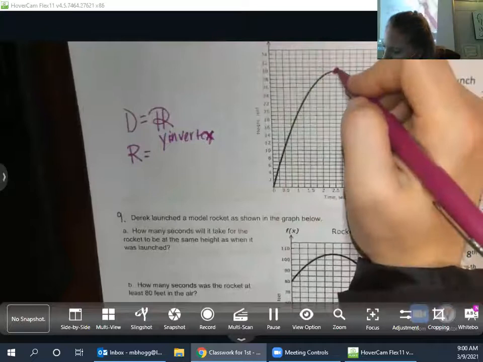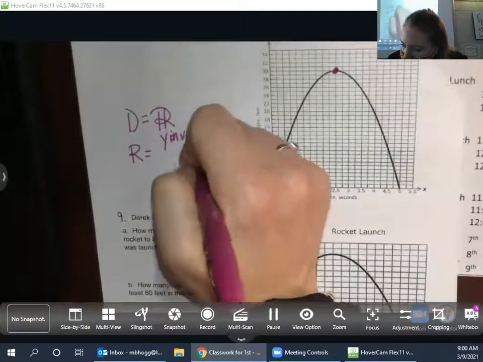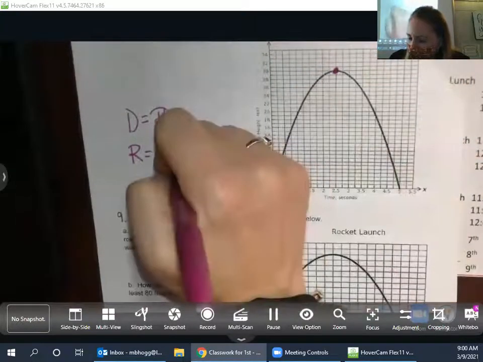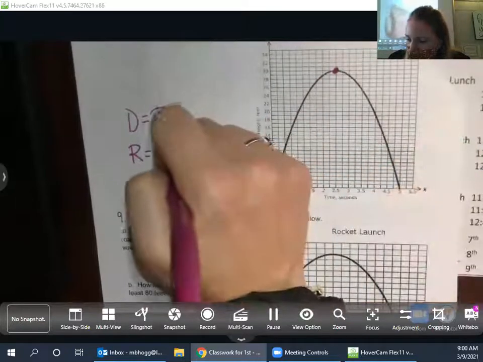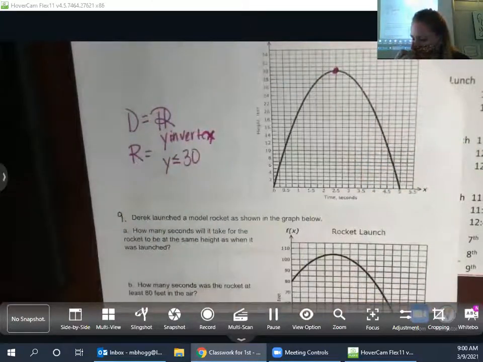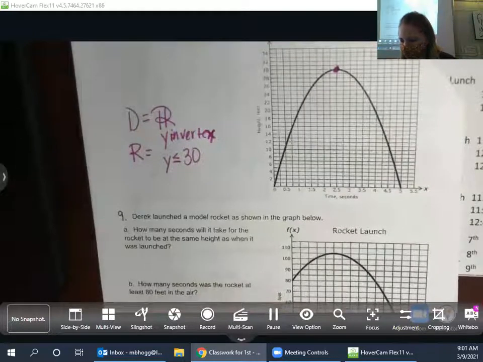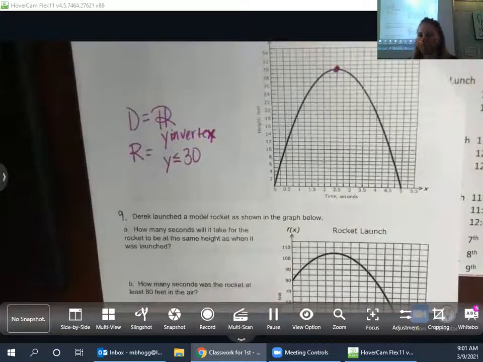So 30, and it's going down. The parabola is going down, so it's less than or equal to 30. Yep. Because it has to be a point on the line, so that makes it equal to.